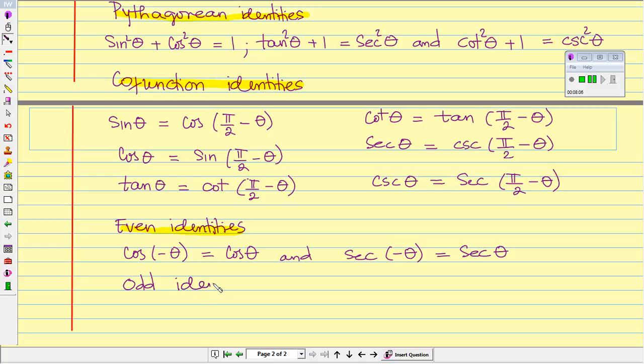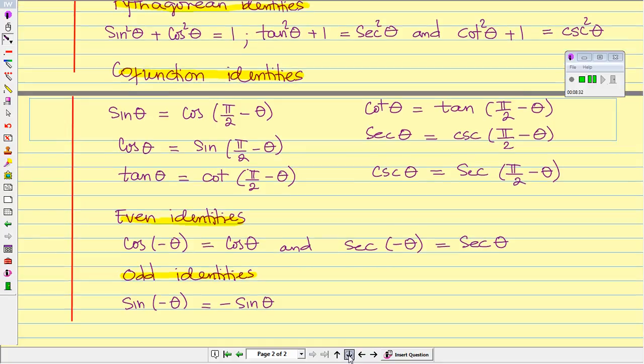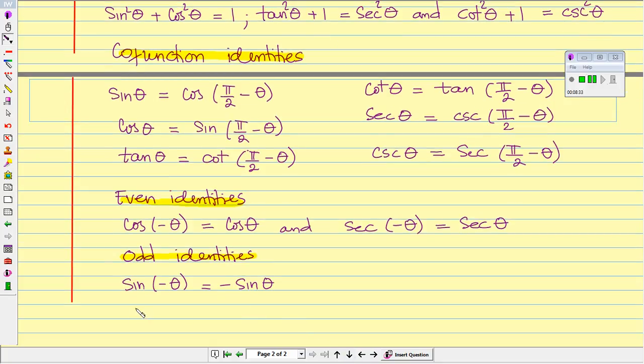And the last one we are going to introduce here is the odd identity. We have sine of negative theta equals negative sine of angle theta, cosecant of negative theta equals negative cosecant of theta, tangent of negative theta equals negative tangent of the angle theta.